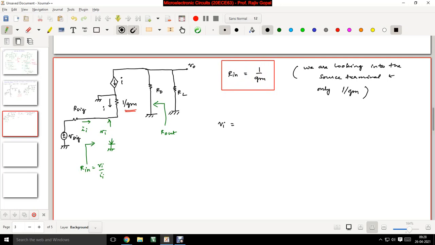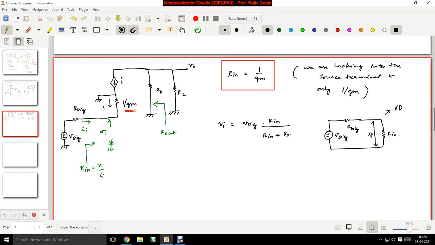If I draw a separate diagram like this, this is plus minus V signal, this is R signal, and if I draw this Rin like this, and the voltage across Rin is obviously Vi, then I can use the voltage divider rule here. So I can write Vi as V signal into Rin divided by Rin plus R sig.